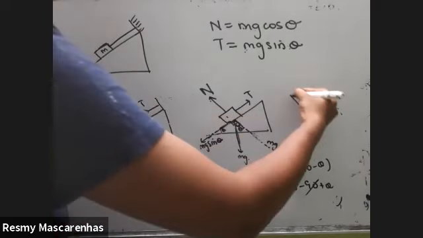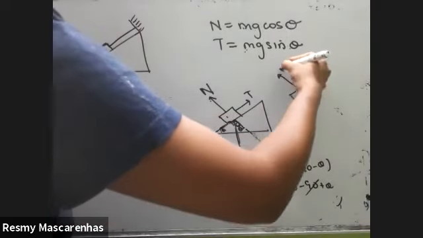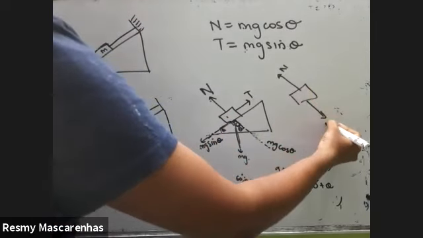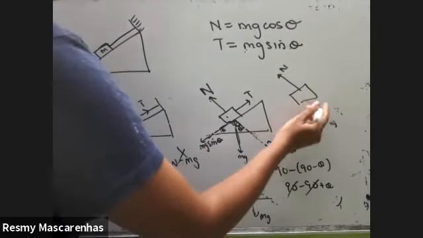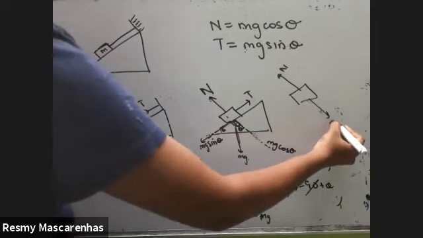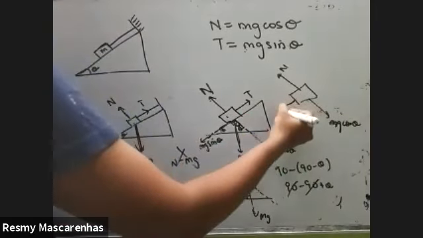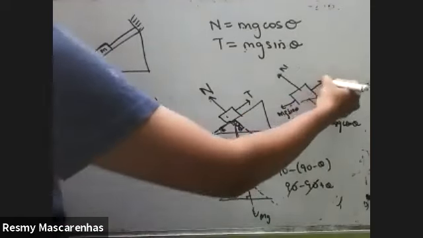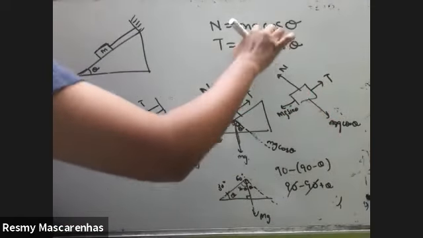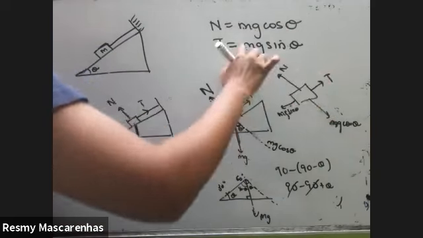If you want a still simplified diagram, it will look like this. This is N, this is mg, exactly in the opposite direction. Mg cos theta, mg sin theta, and this is your tension. So this is equal to this, and this is equal to this.